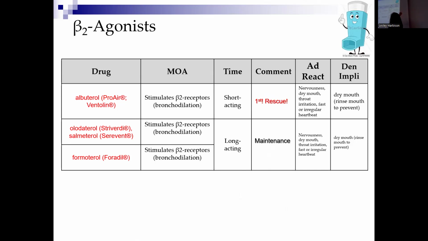Again, some similar nervousness, dry mouth, dry throat, faster irregular heartbeat. Dry mouth, have your patient rinse to prevent that. And another one here, formoterol, is another LABA or long acting beta agonist.